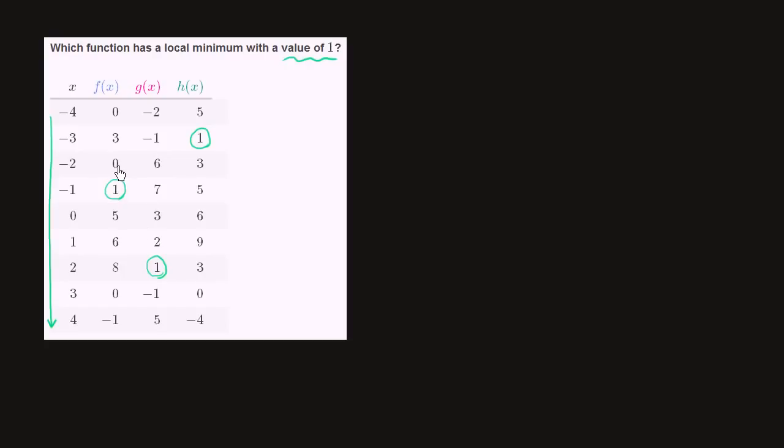Now let's think about which of these are minimum values. On f of x, when we go from -2 to -1, we are increasing from 0 to 1, and then we increase again. Well, that's not going to be a minimum value. So let me draw a little axis right over here, the whole thing, just to make it clear what we're doing.